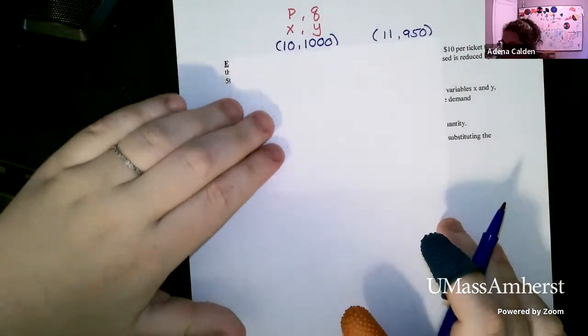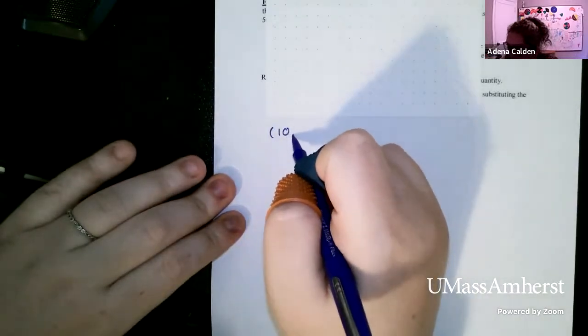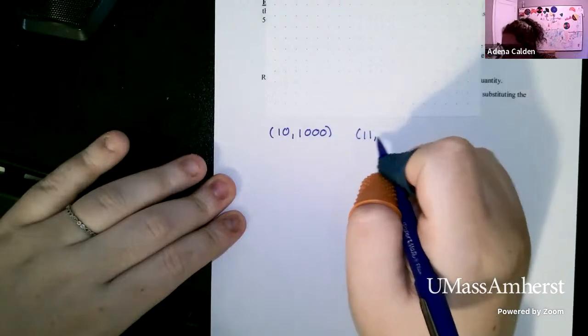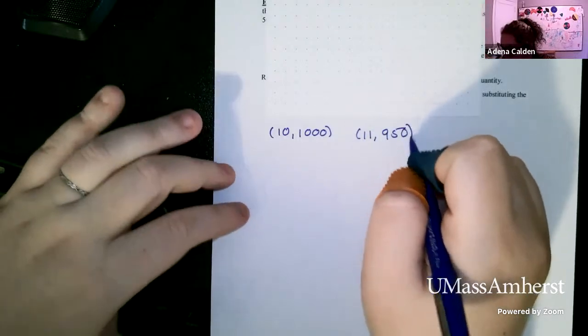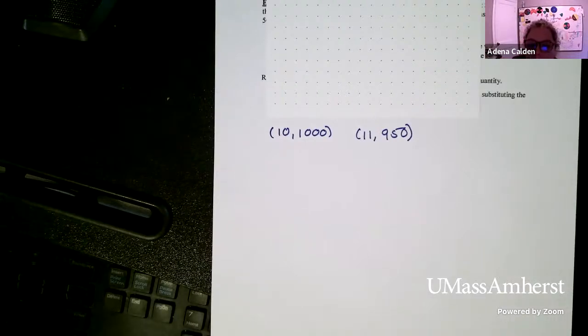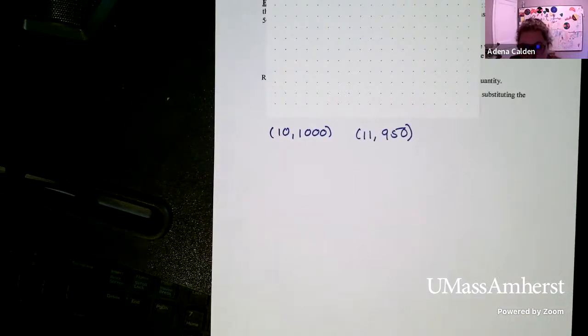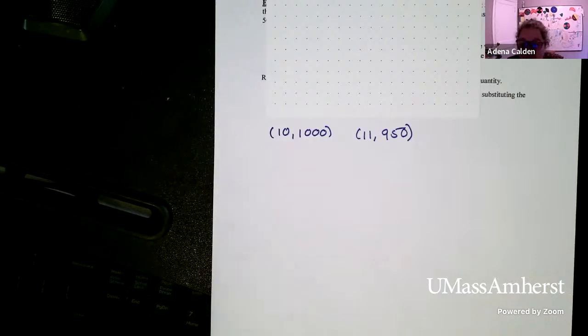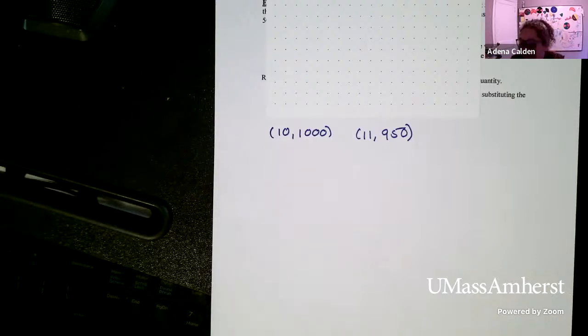So I'm going to start our work down here in the blank space because we're going to build onto it. I'm just going to copy down our two points that we're working with. Now, we're looking for the equation of the line that fits these two points, right? So what we need is a slope and an intercept to make that work.